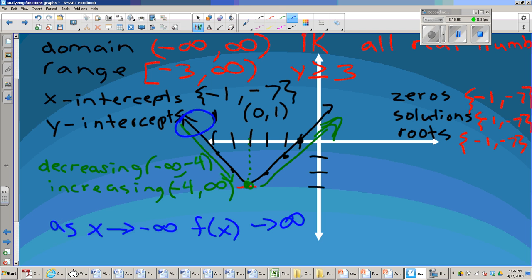Infinity. Now let's go over the right-hand side. The x's are getting bigger. As x approaches infinity, f of x approaches up, it's going up to positive infinity.